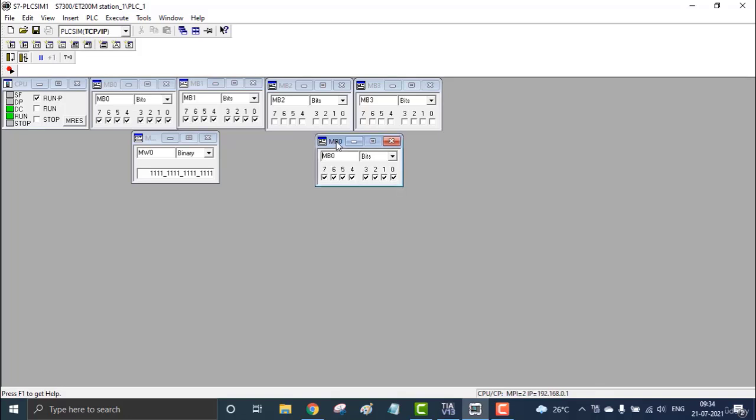That will be MW2. After MW0, I'm taking MW2. You can see, same as this, 1, 2, 3, 4, 5, 6, 7, 8, 9. These 16 bits in MB2 and MB3 combine to form MW2.